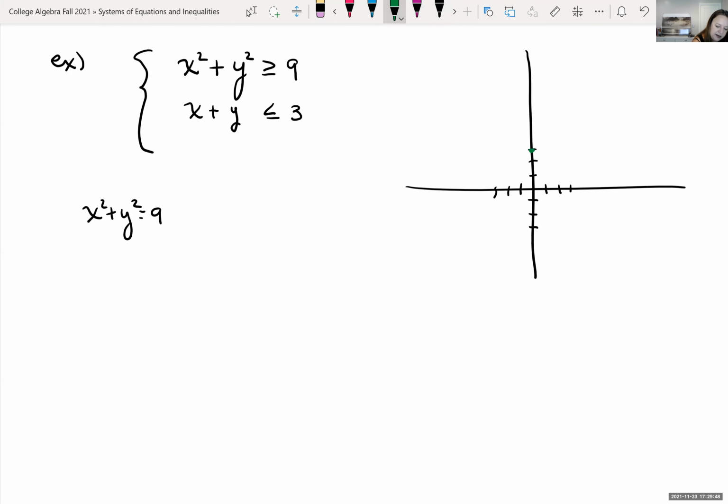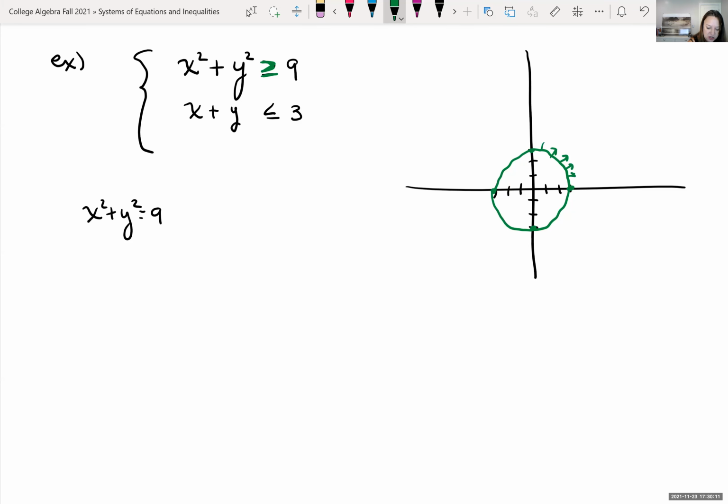Okay, so let's graph that. It's a solid circle, not dotted, when we graph it because it has the equal to part of the inequality. This is saying it's greater than or equal to 9, so this tells me it's outside of the circle.